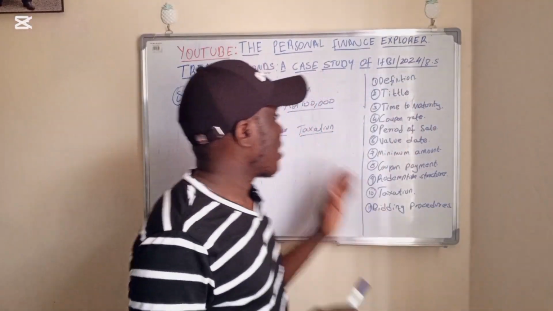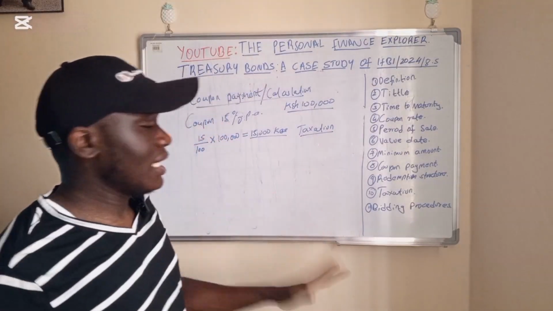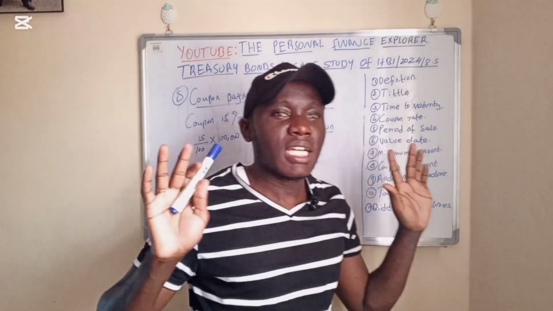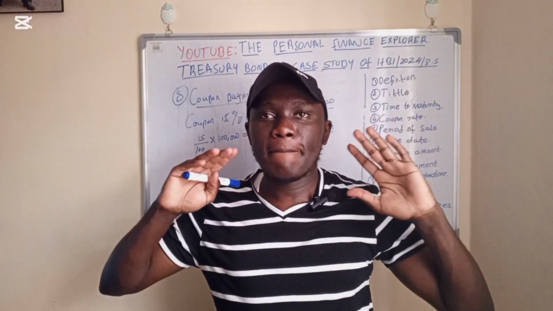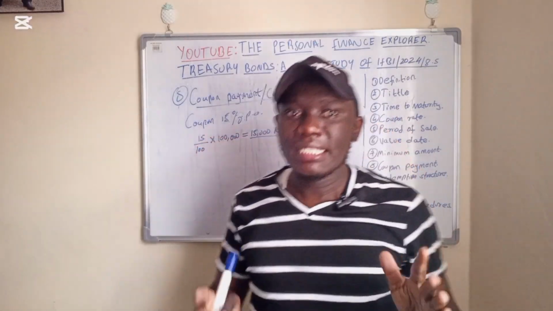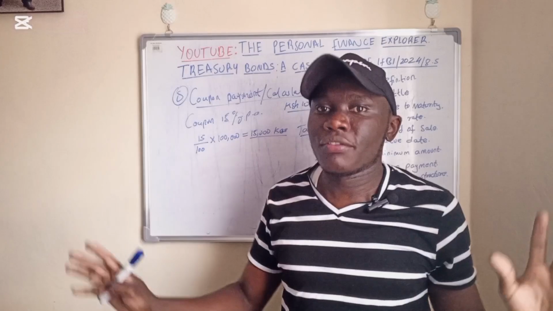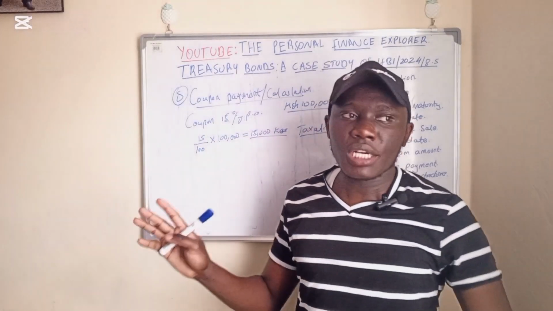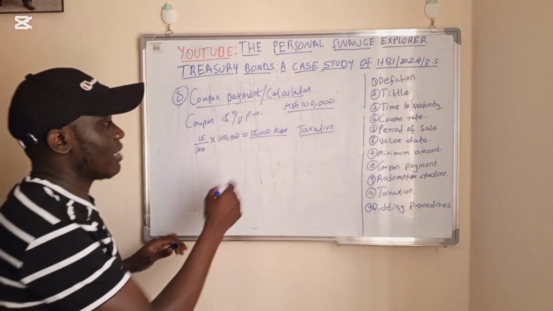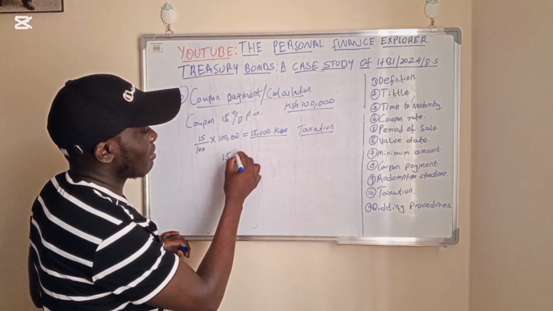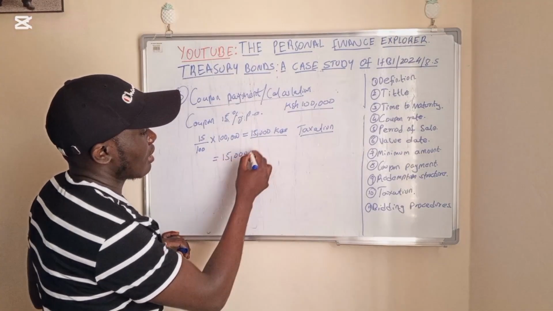So, let's assume that our bond is not subject to withholding tax, meaning that the 15,000 that I'm earning, I'll get full hold of it. Nobody takes anything. So, from this 15,000, this is the money that you are supposed to get in 1 year.